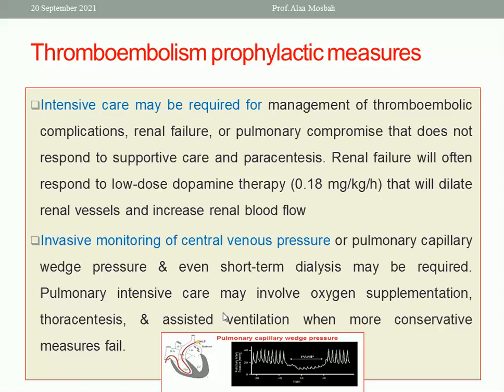Invasive monitoring of central venous pressure or pulmonary capillary wedge pressure and even short-term dialysis may be required. Pulmonary intensive care may involve oxygen supplementation, thoracentesis, and assisted ventilation when more conservative measures fail.